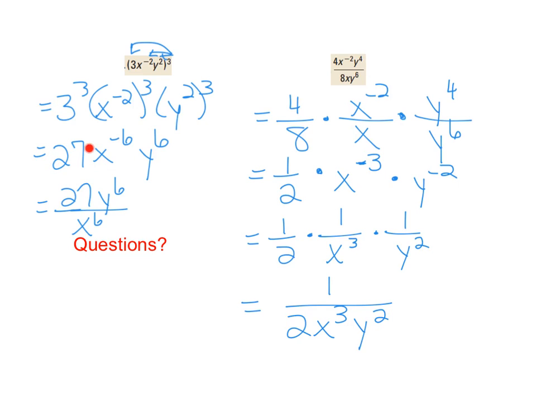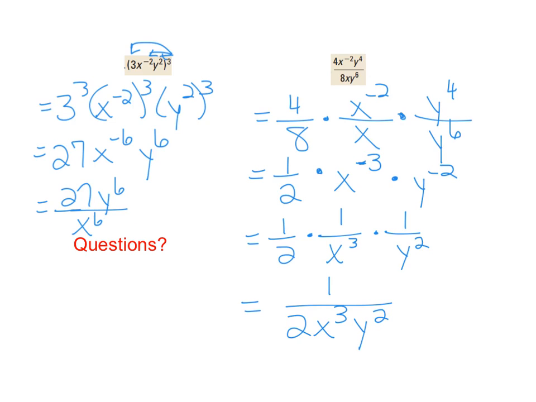Everything's good here except this x to the negative 6. I cannot have a negative exponent. Reciprocal, instead of being in the numerator, it's got to move to the denominator. So I move it over the fraction bar, which was here, it just wasn't written. It becomes that. So I end up with 27y to the 6th over x to the 6th.